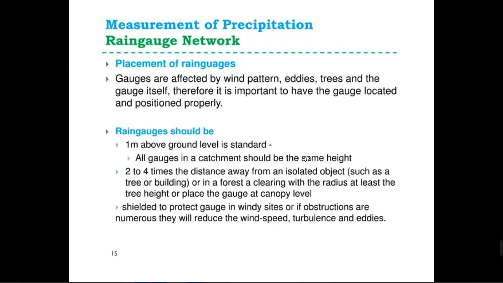The measurement of precipitation, rain gauge network, placement of rain gauges. Gauges are affected by wind pattern, areas, trees, the gauge itself. Therefore, it is important to have the gauge located and positioned properly.